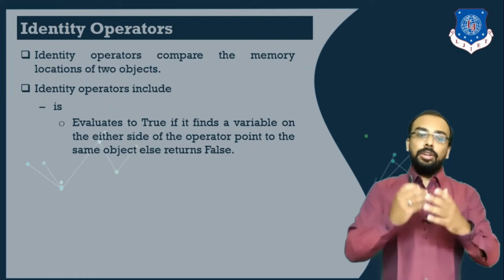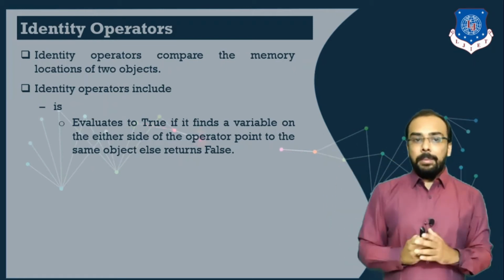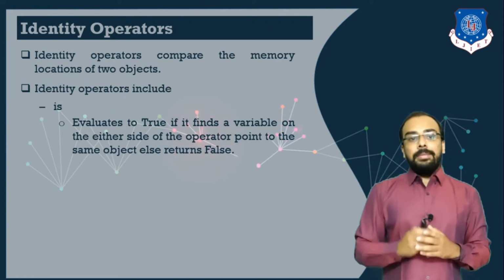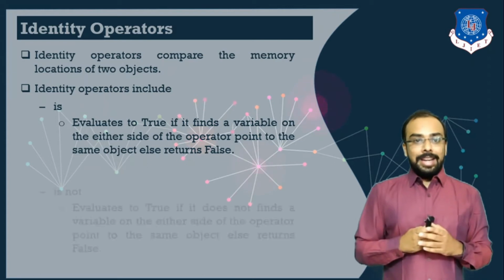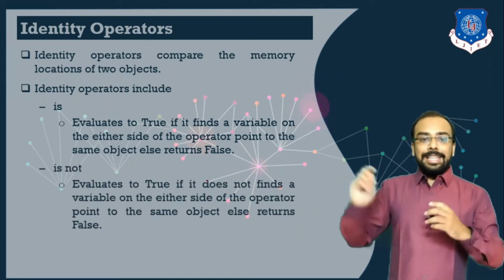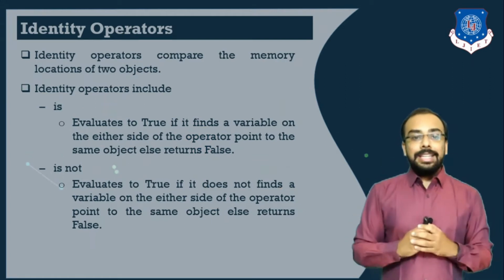If two different objects are pointing to the same memory location, it will return true, else it will return false. The next operator supported is is not. The is not operator is the exact reverse of the is operator.